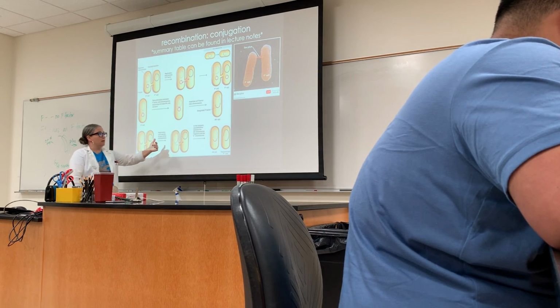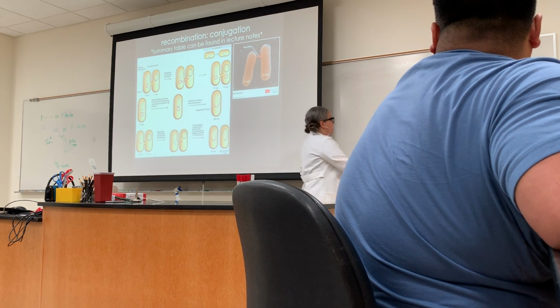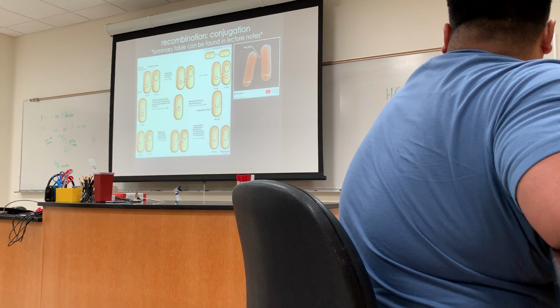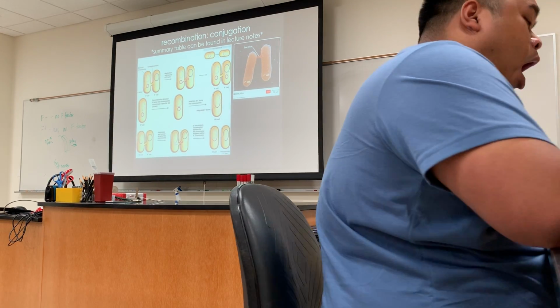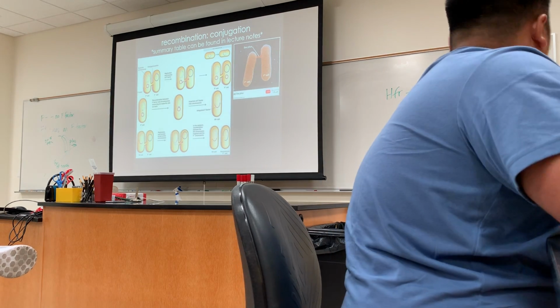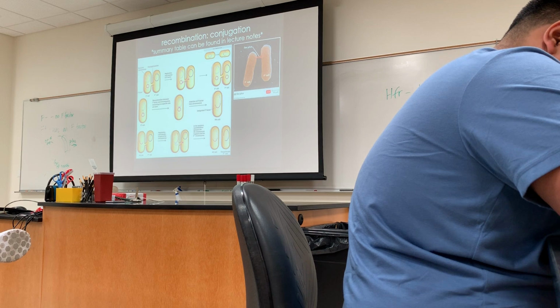And so this cell is not called an F plus. Notice that doesn't say F plus. That cell is called an HFR cell, which stands for high frequency of recombination.